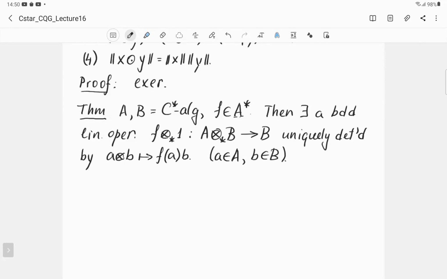So in some sense, it cuts off a slice from the tensor product and takes the tensor product to B. Well, if we replace here the minimal C-star tensor product by, for example, the algebraic tensor product, or by the projective tensor product of Banach spaces, then the result is absolutely trivial because of the universal properties of such tensor products.